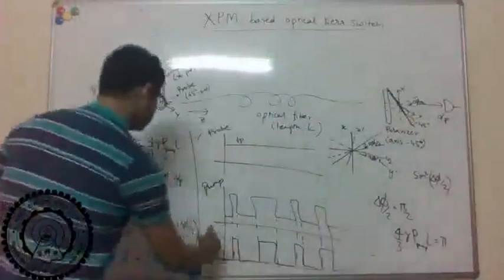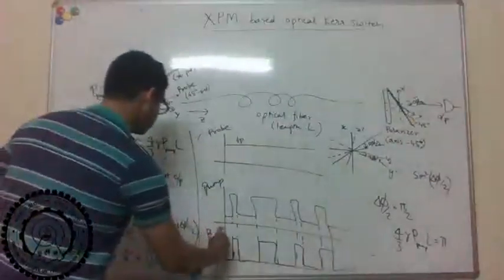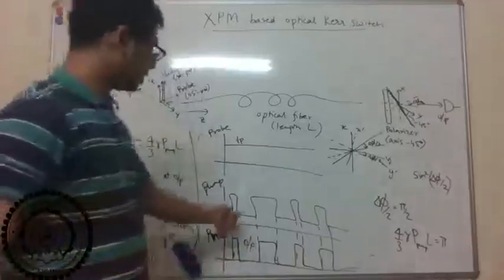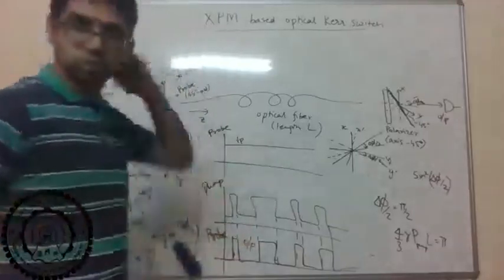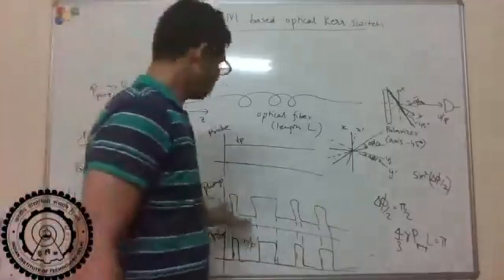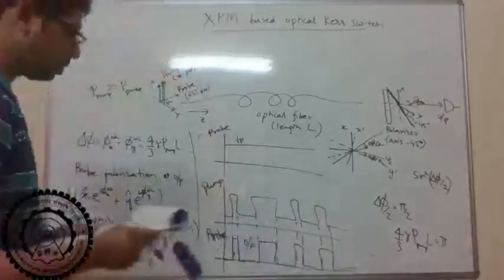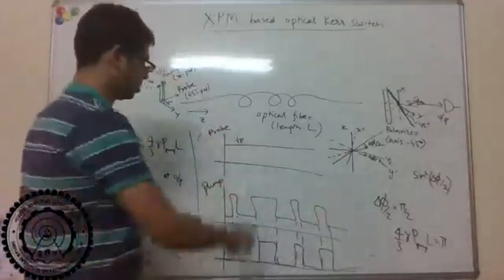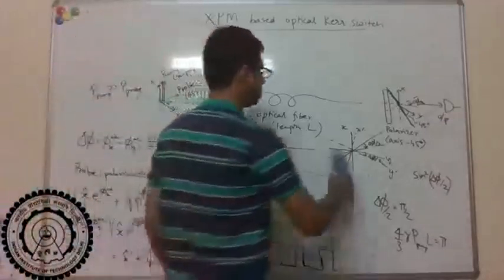So basically, I transfer the pump pattern onto the probe. Or you can switch the probe using the pump. So this kind of thing can also be used, for example, for optical sampling.